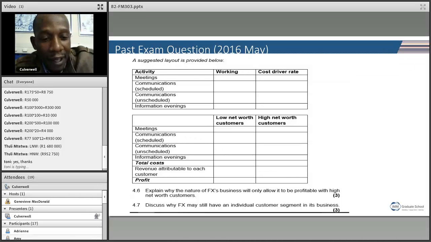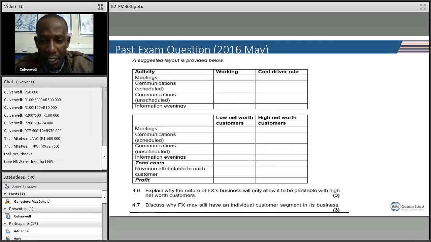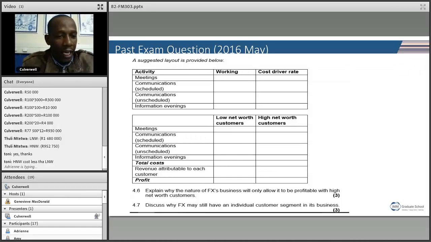I just want to pick maybe 2 points from you guys there. Why would you think the type of business FX is conducting is only going to allow them to make profits with high net worth customers and not with low net worth customers? Your thinking, and then we move on.